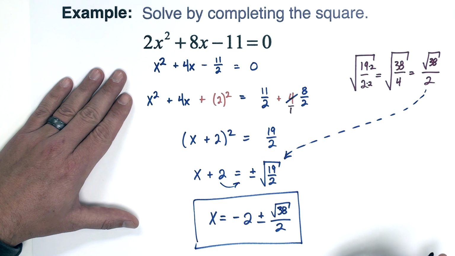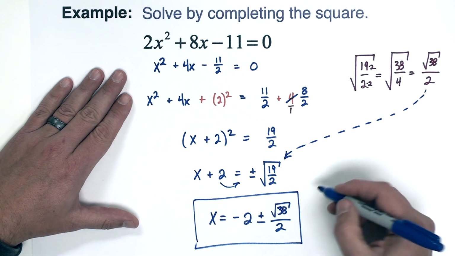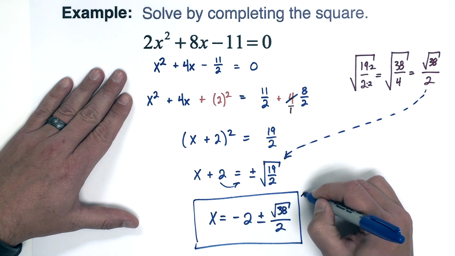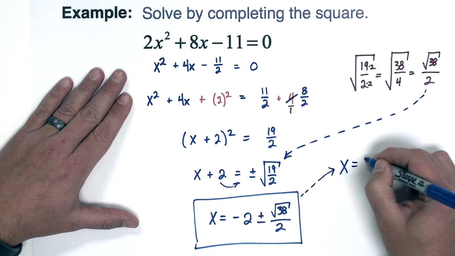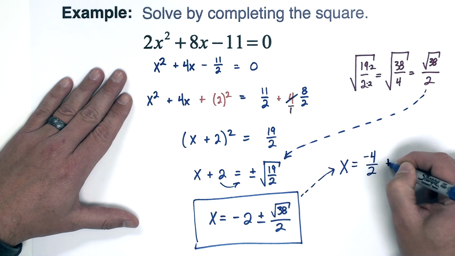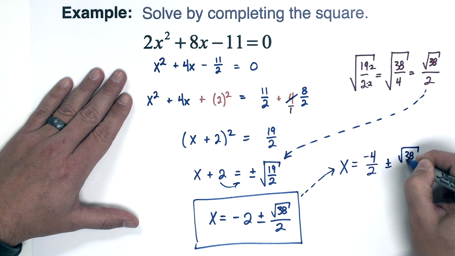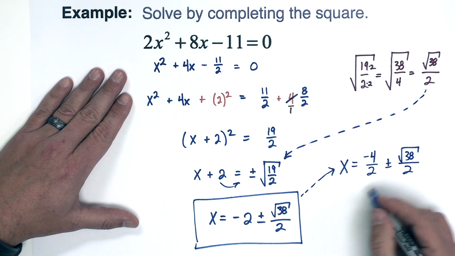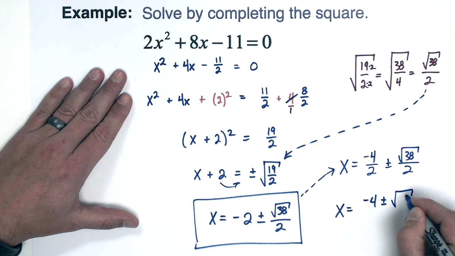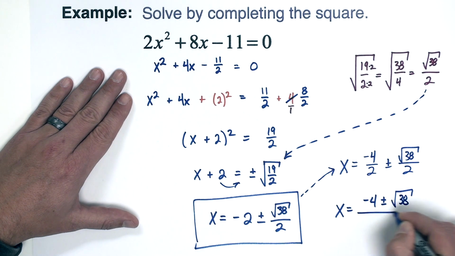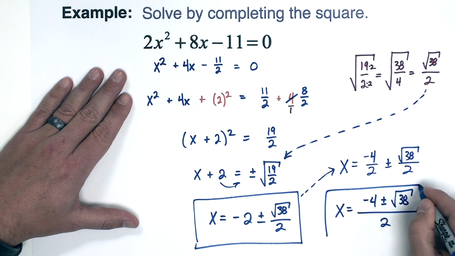If you want to modify this, you could very well do this. You could change the negative 2 to a negative 4 halves. And now we made common denominators, and you could get negative 4 plus minus square root 38 over 2.